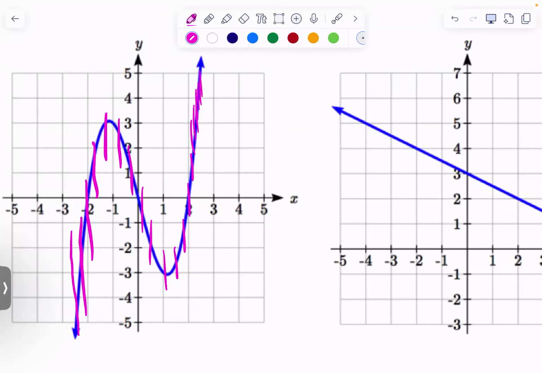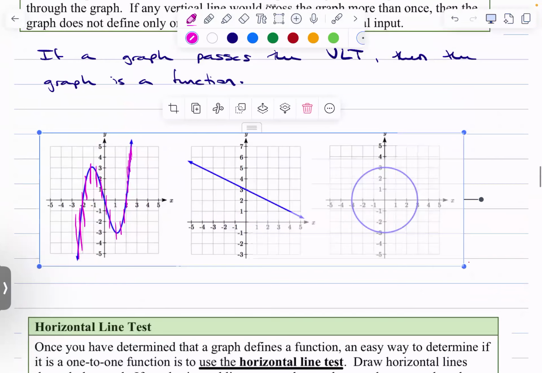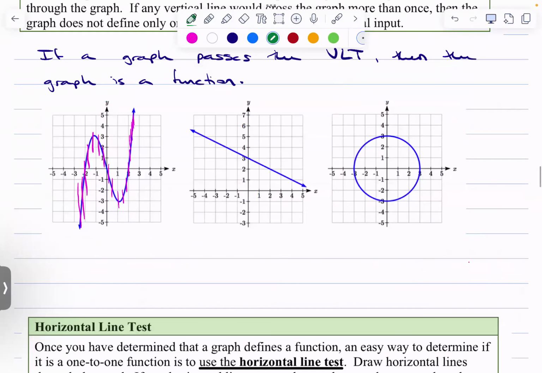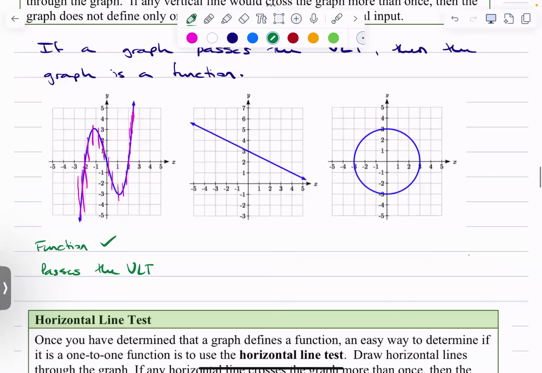Keeps moving. Right. So I only cross the graph at one point for every value of x. And so here, this is a function because it passes the vertical line test.